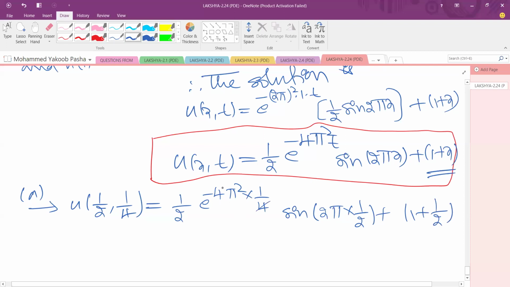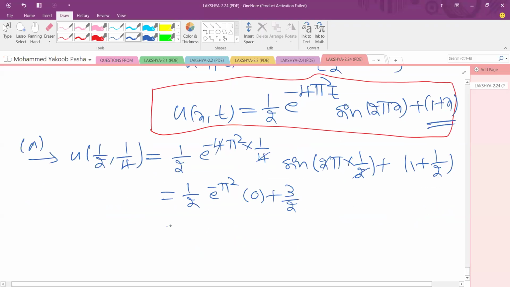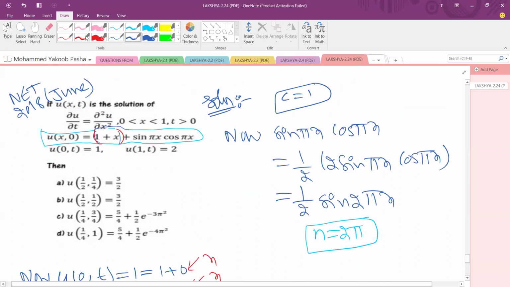Here 4 will be cancelled, here 2 will be cancelled. So 1/2 into e to the power of minus pi square into sin pi, which will be 0. 1 plus 1/2 will be 3/2. So u of 1/2 comma 1/4 is 3/2. It is already given as 3/2, so option A is the right option.